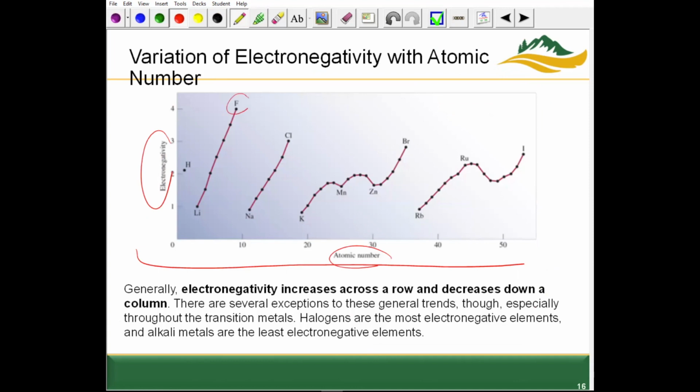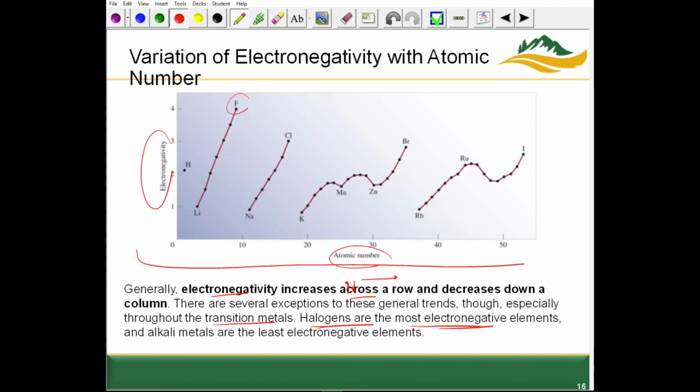We see fluorine has the highest. So generally, electronegativity increases across a row and increases up a column. Our transition metals do introduce some exceptions to our general trend, but we're focused on the predictable trends we can see with electronegativity, and less on the exceptions.